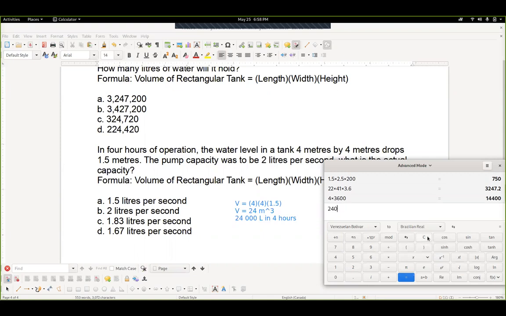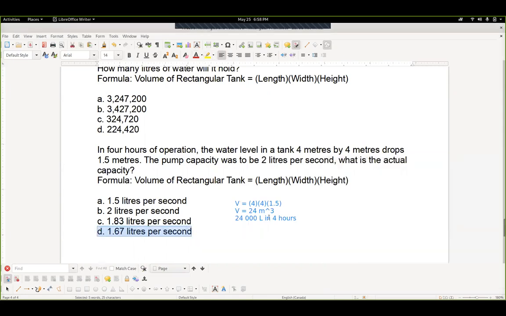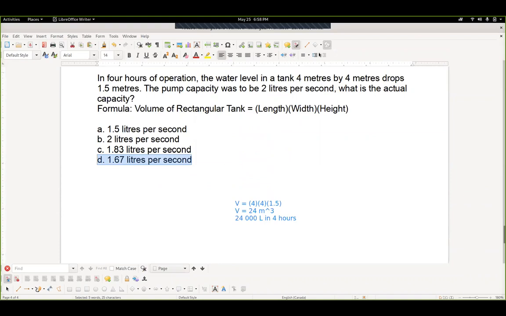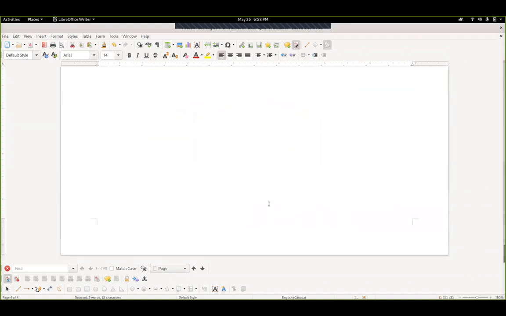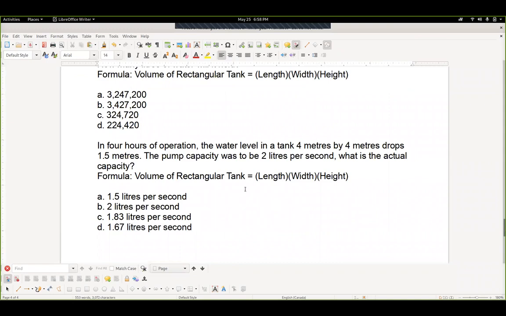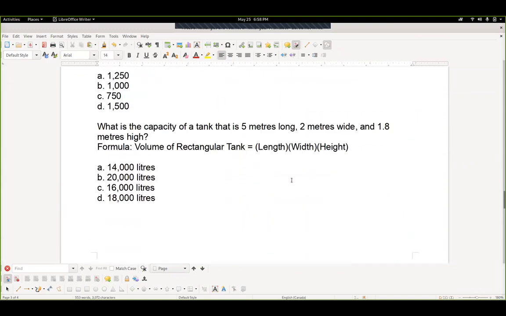Then we're going to divide the 24,000 liters by 14,400. So we get 1.67. So 1.67 liters per second. Answer D. Okay. So that is the end of this course.